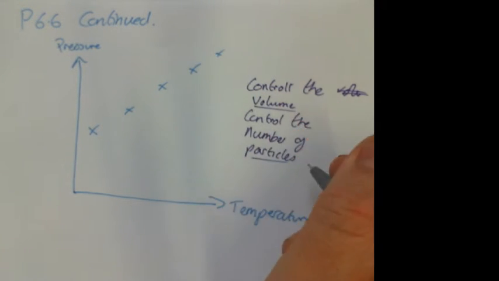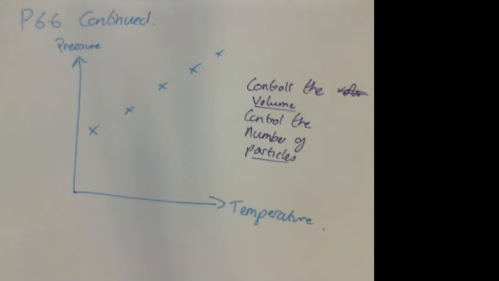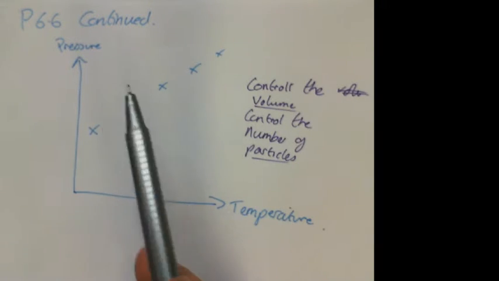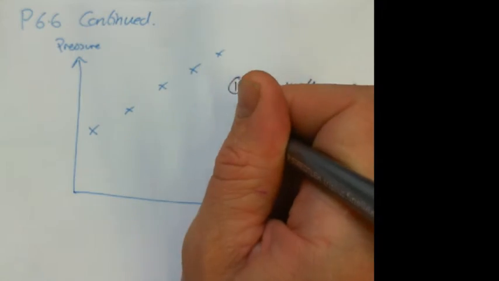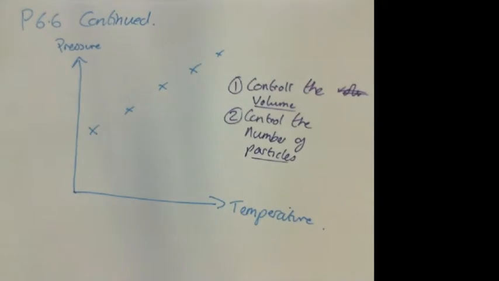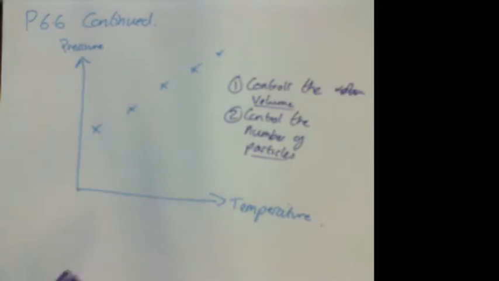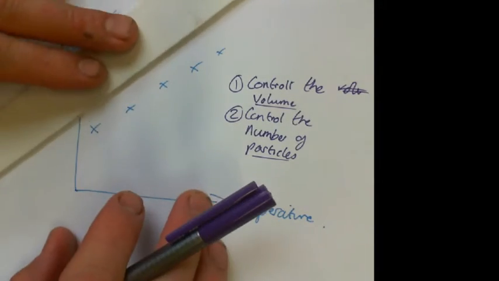So volume and number of particles must stay the same. But what you're doing is you're changing the temperature and you're measuring what effect that would have on pressure if you keep these two the same. Okay, they're your major control variables in this one. Okay, and then you notice this line here, and you can see that's a nice straight line graph.